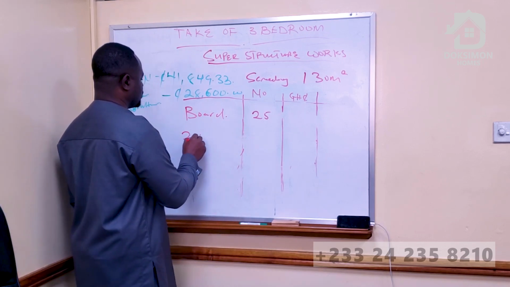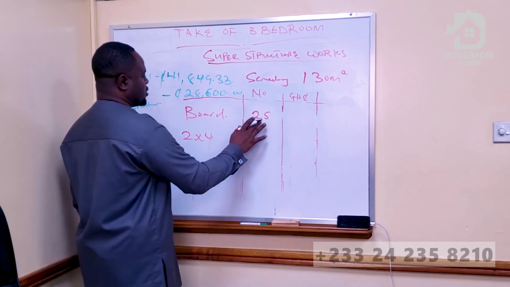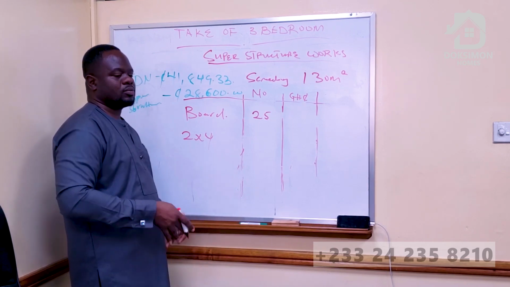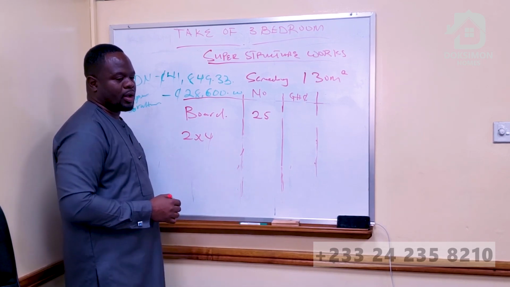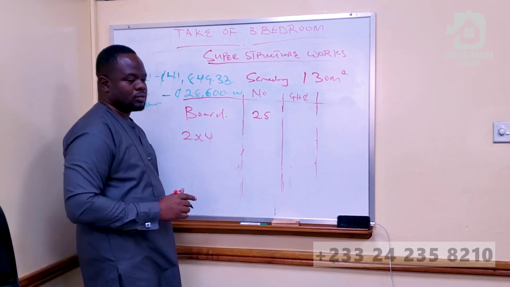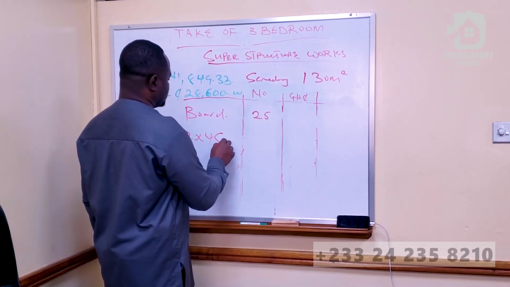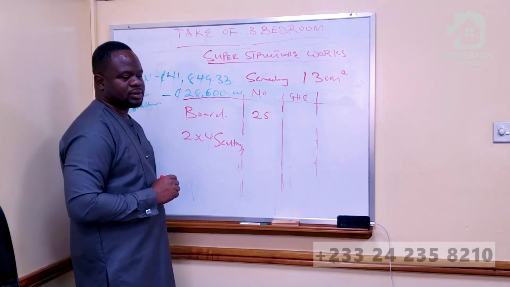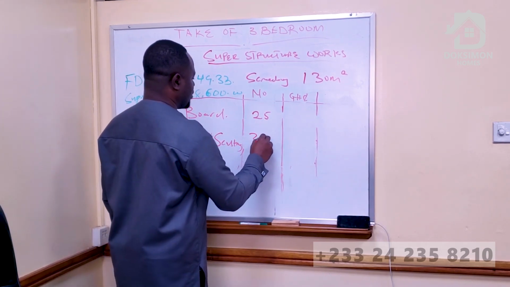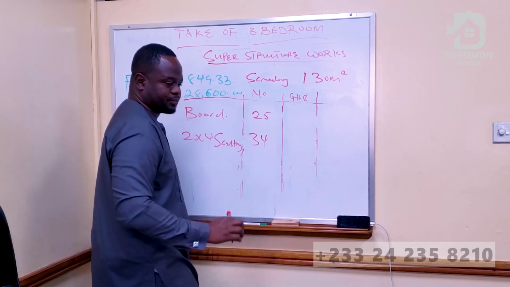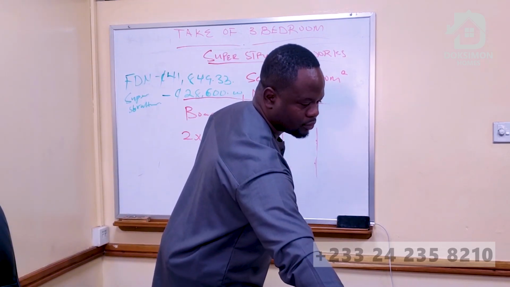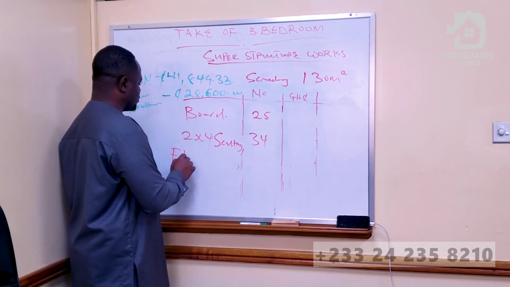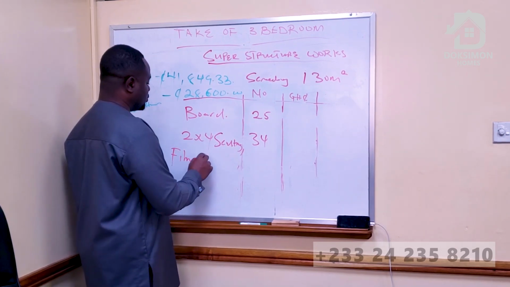Okay. Now we have 2x4. These ones will be used for certain areas that the beam will lie on. Now we have the 2x4 scouting. The 2x4 scouting, you just need 34 pieces. Now we have the film plywood.